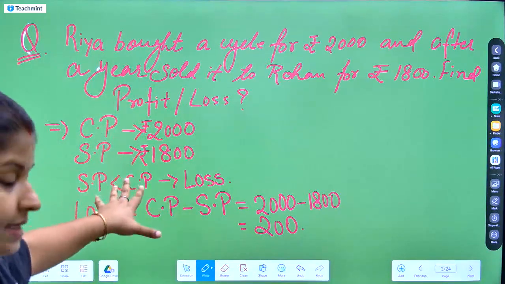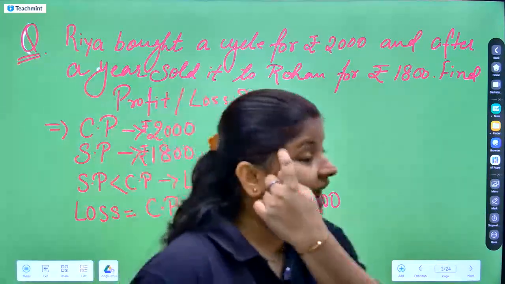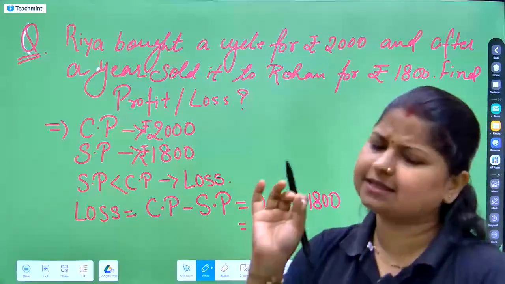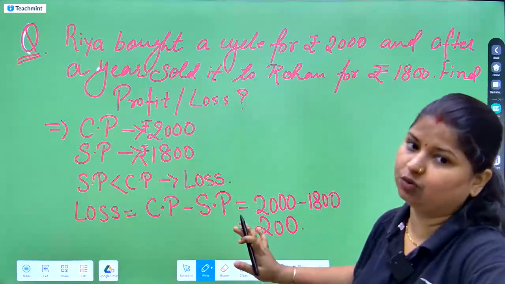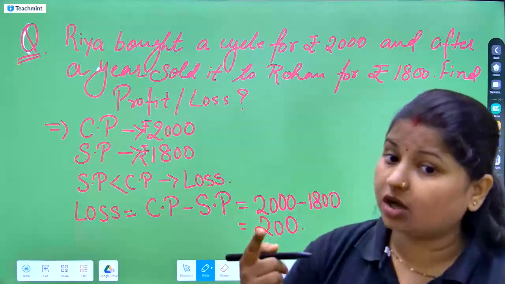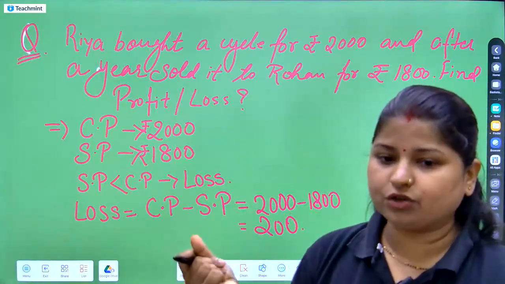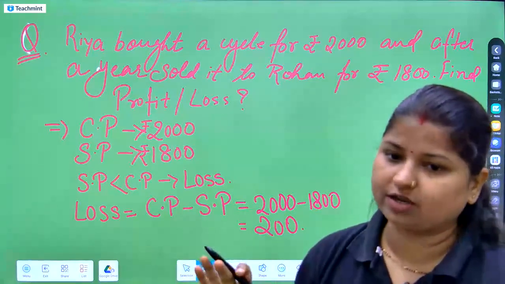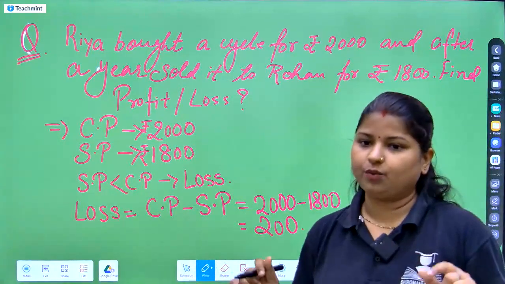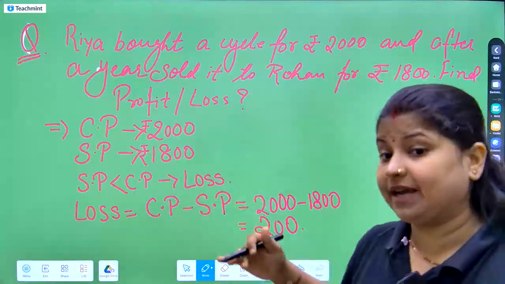I'm writing this so much beta because I have to explain you 1, 2, 3 questions for the first class. But once you get the concept, once you learn all the formulas, then we are going to do the questions quickly using the shortcut formulas. So only for today, we will be learning step by step.